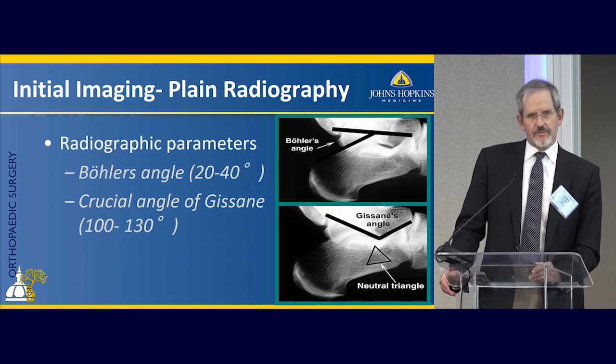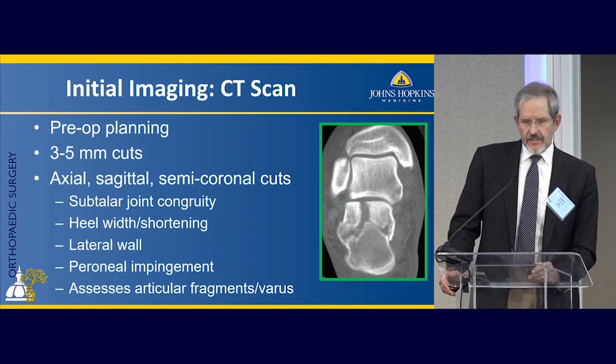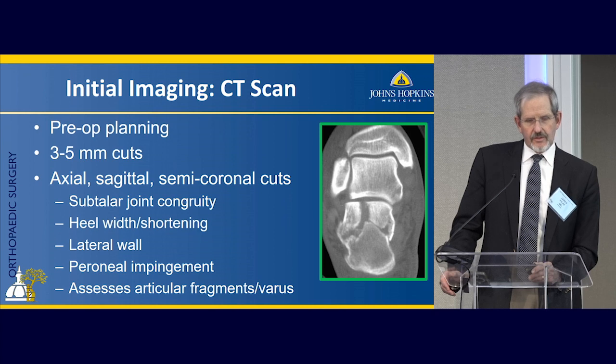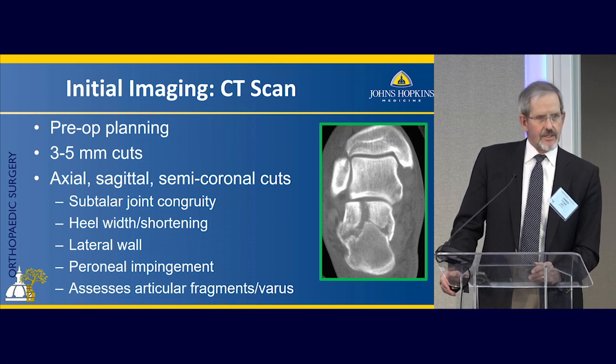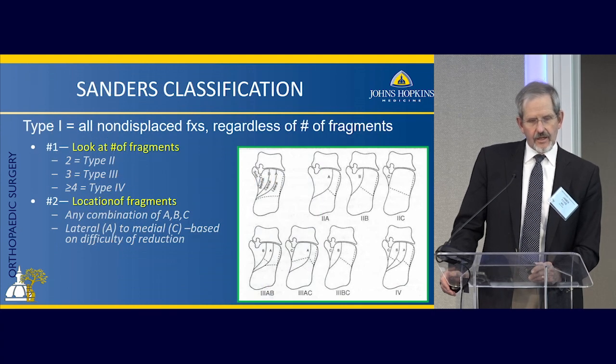The Gissane angle is my key to reduction. And then a CT scan, including semicoronal cuts, is important to get an assessment of the posterior facet. We put most attention on that because that's really the foundation for Roy Sanders' seminal work on the classification system that we still use.